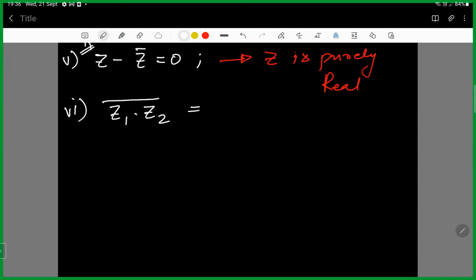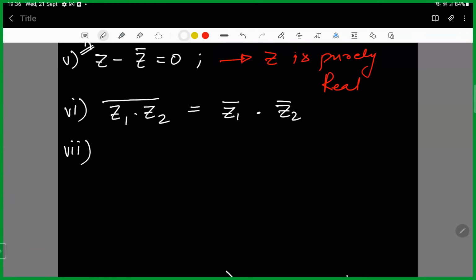If you take A plus iota B multiplied by C plus iota D, and you take the conjugate, what will you get? Anyone? Yeah, you tell me. Okay. So this will be equal to Z1 conjugate multiplied by Z2 conjugate.